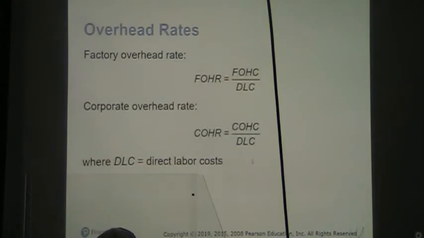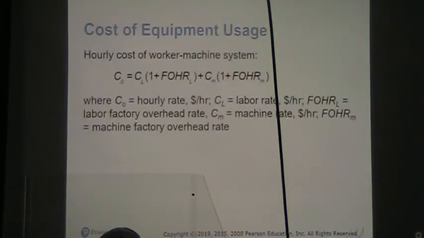Now, this is one way of figuring out what the overhead rate is. Another way that I've seen used is to calculate how much is the overhead per square foot on the factory floor, so that we can calculate by the size of a shop or an assembly line what the total overhead rate is for that particular shop or assembly line.